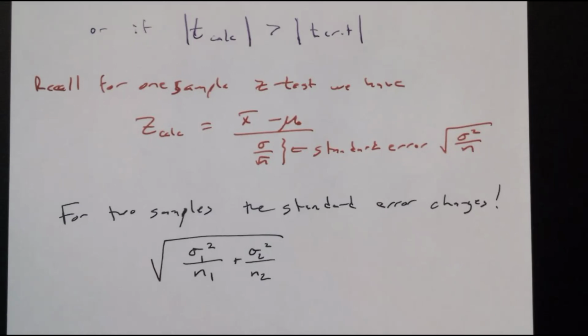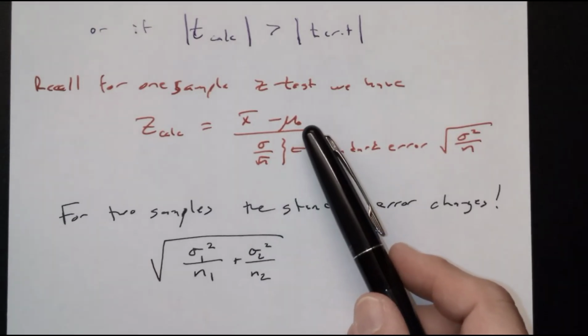I will have two different standard deviations, two different variances, because I have two different populations. If I'm doing two samples from the same population, maybe those numbers are the same. But I don't know that in advance. And then the top is going to be my benchmark, now the difference.